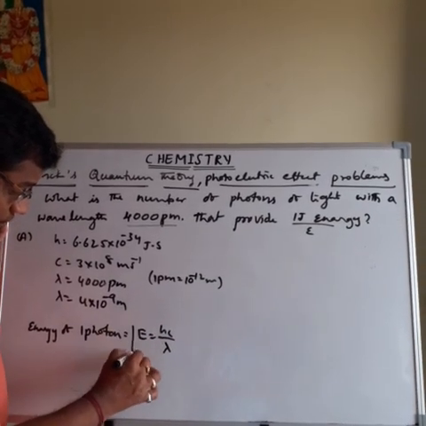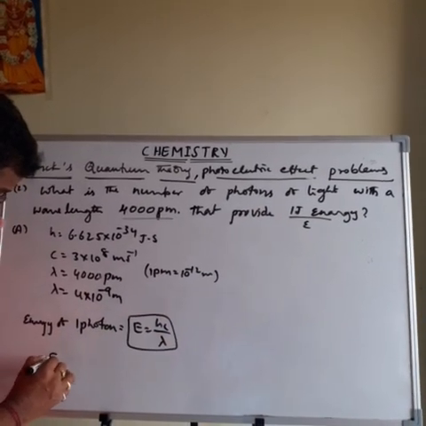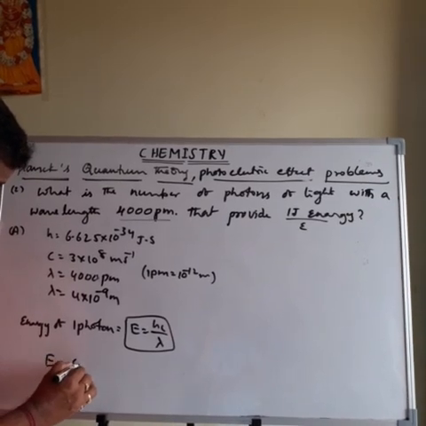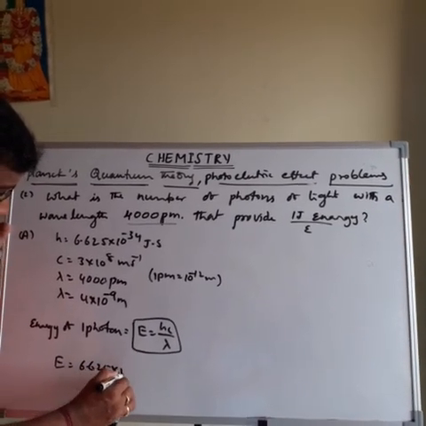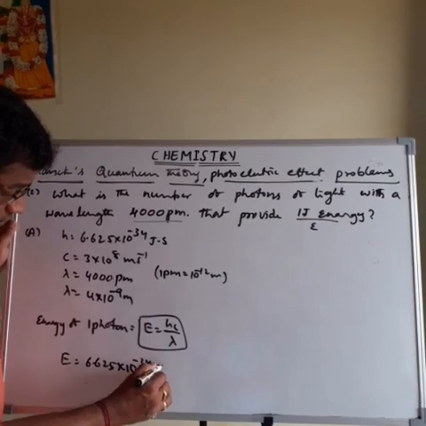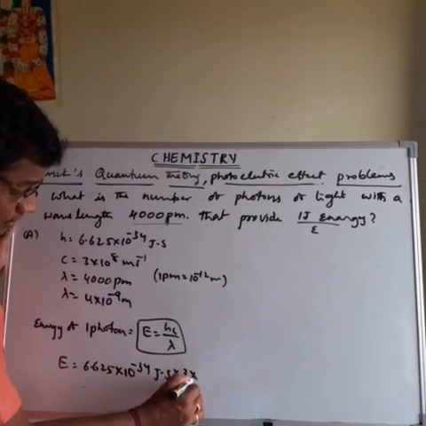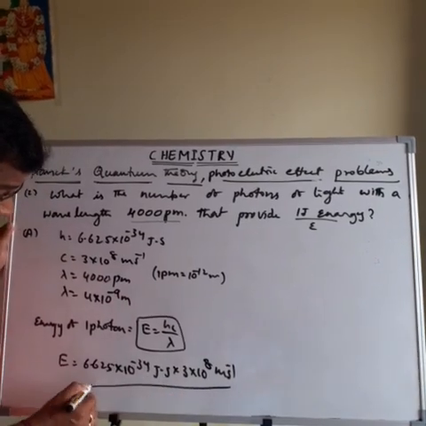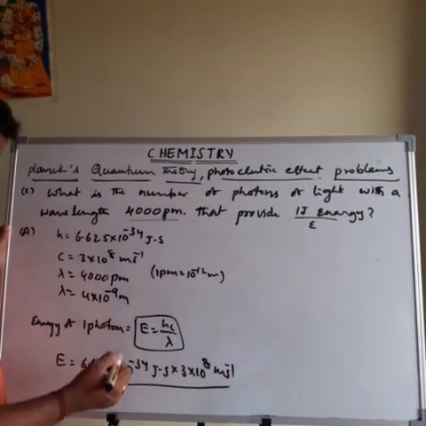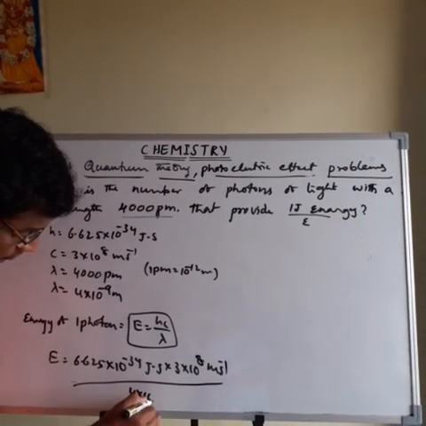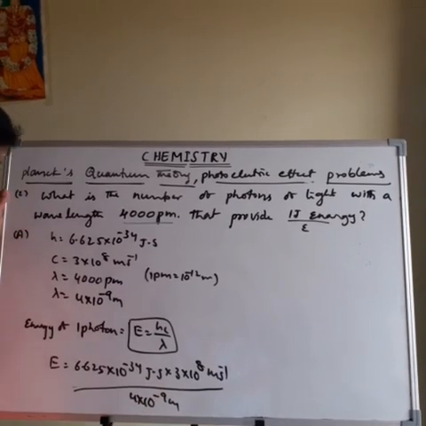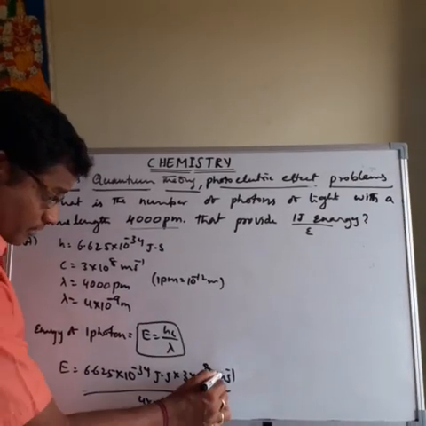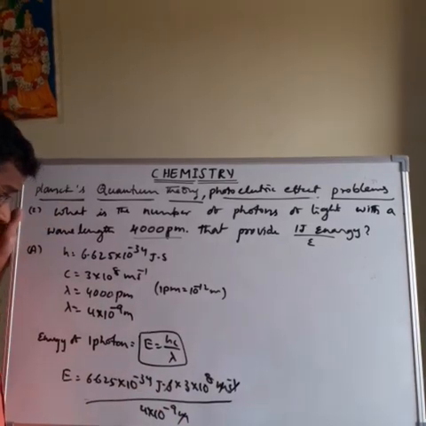Therefore E is equal to, what is the h value? 6.625 into 10 power minus 34 joule second, into 3 into 10 power 8 meter second inverse, divided by the lambda value, 4 into 10 power minus 9 meter. So meter and seconds cancel.